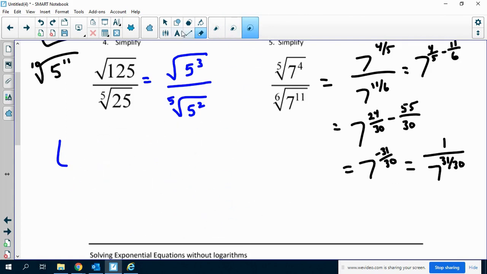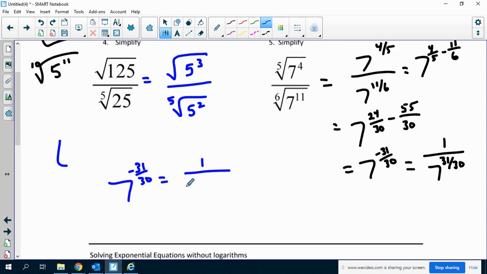But if I am dealing with radical form, so let's say I have 7 to the negative 31/30ths, I would rewrite that as 1 over 7 times the 30th root of 7, because the negative exponent moves to the bottom, and then 7 to the 31/30, I would have to pull out a 7. So that's something that I'm pretty aware of.